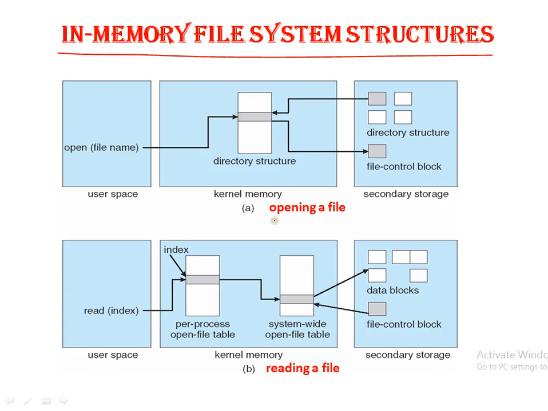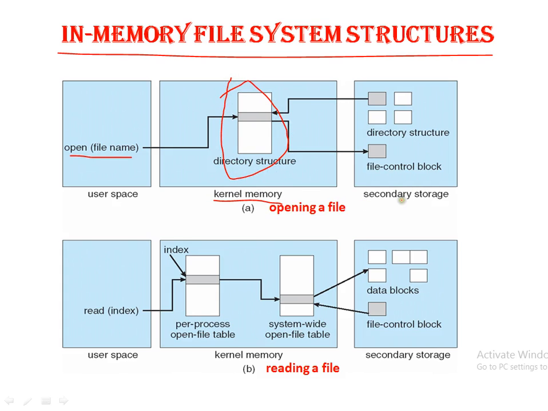Say I want to open a file. Whenever I want to open a file, I go to the user space, type the file name or search for the particular file which I want to open. You open the file name, and come to your memory. Inside the memory, you check where exactly it is stored in your directory structure. You fetch it.